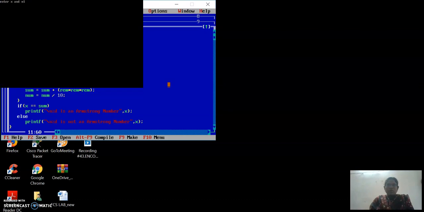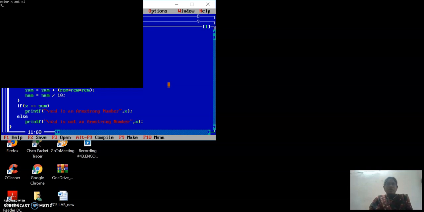Let me take x value as 1 and n value as 3. So here the answer should be 1 plus 1 by 1 factorial plus 1 square by 2 factorial plus 1 cube by 3 factorial. So that is 1 plus 1 by 1 plus 1 by 2 plus 1 by 6.